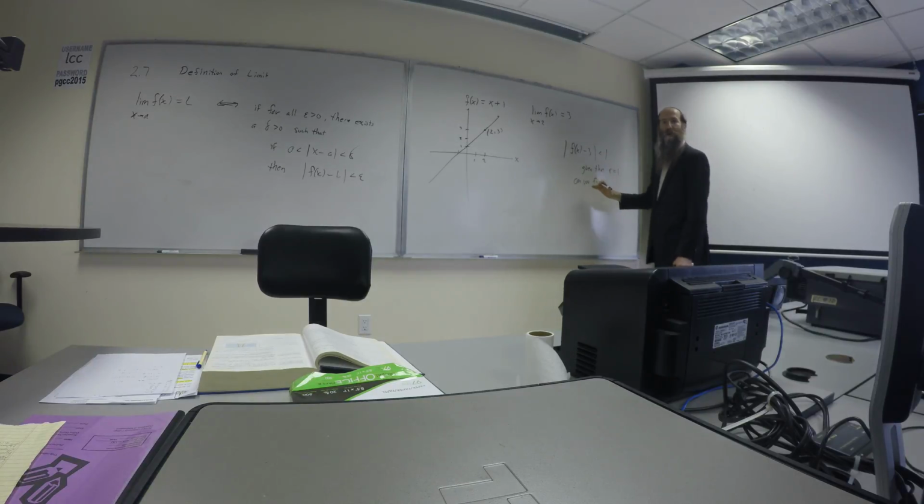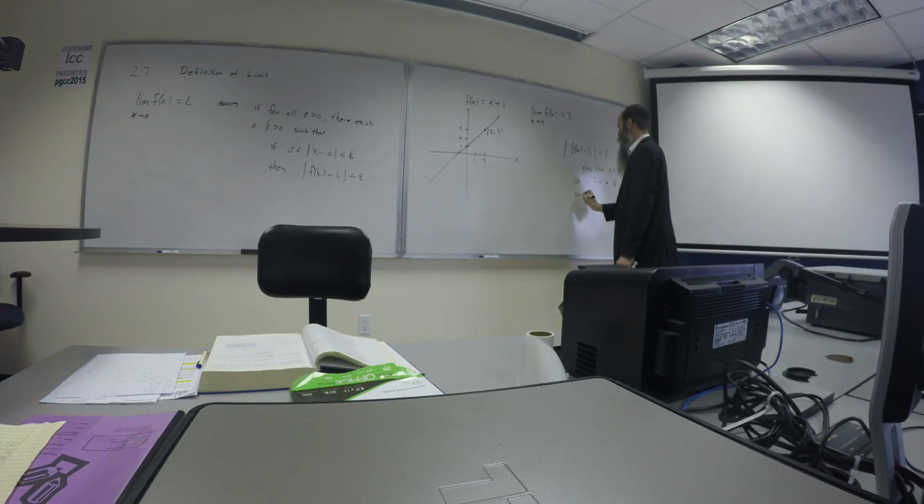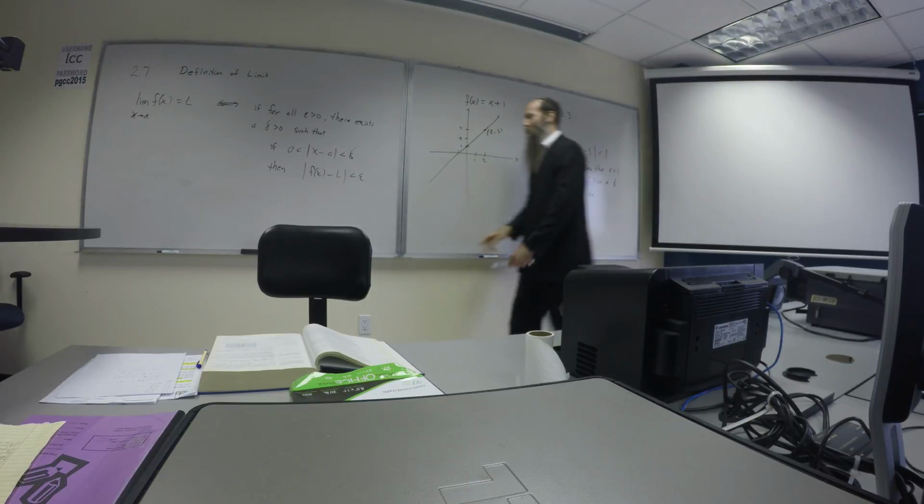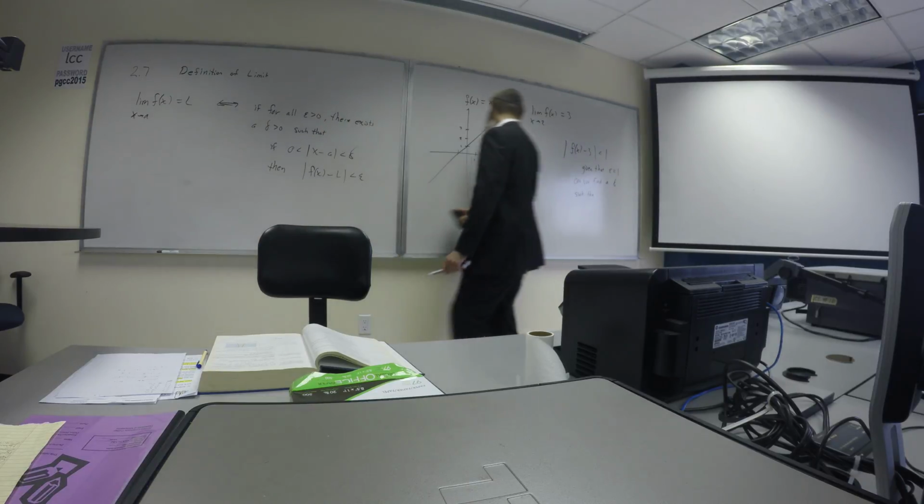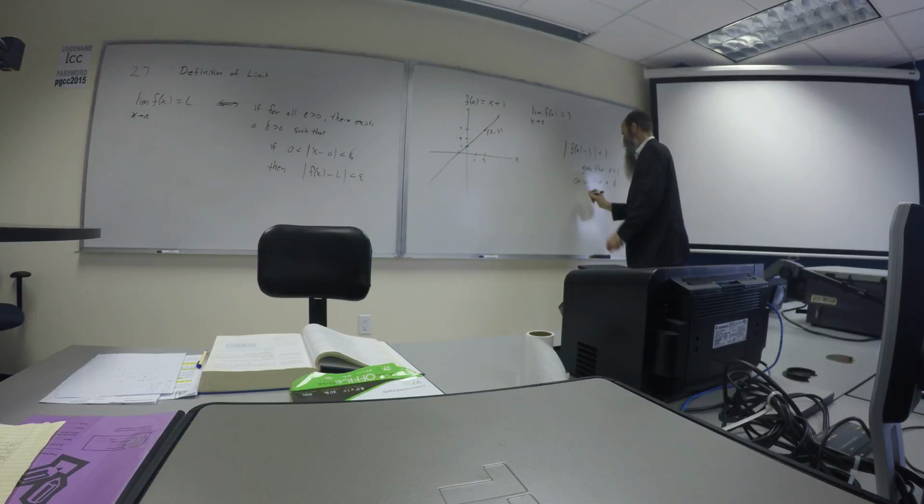Not formal proofs, but just, given a particular epsilon, can you find a certain delta? This is important. It's not just leading up to the proof we're going to do, it's also part of the homework. Can you find a delta that makes that happen?